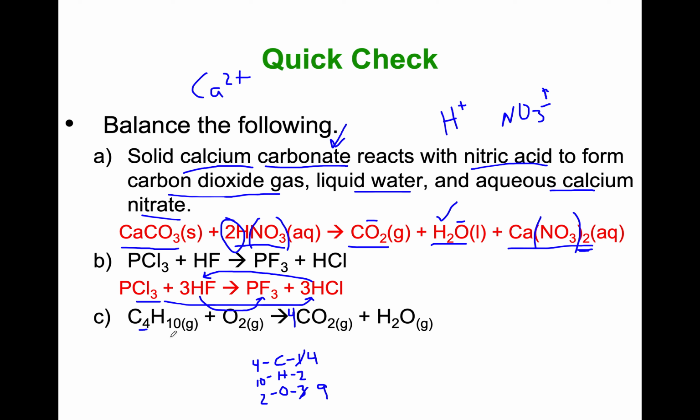Okay, and go back here, 10 hydrogens, puts a 5. So now our hydrogens, take a look, we're doing pretty well. Carbons, hydrogens are balanced. That gives me 8, and that gives me 5. That gives me now 13.